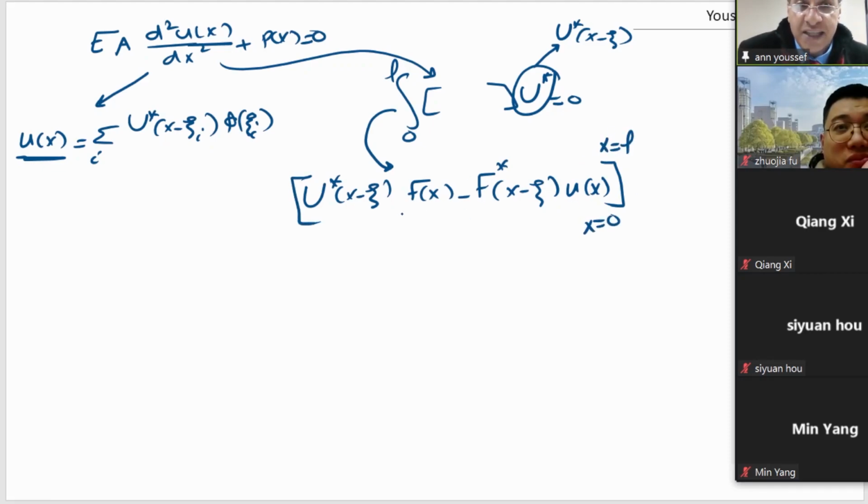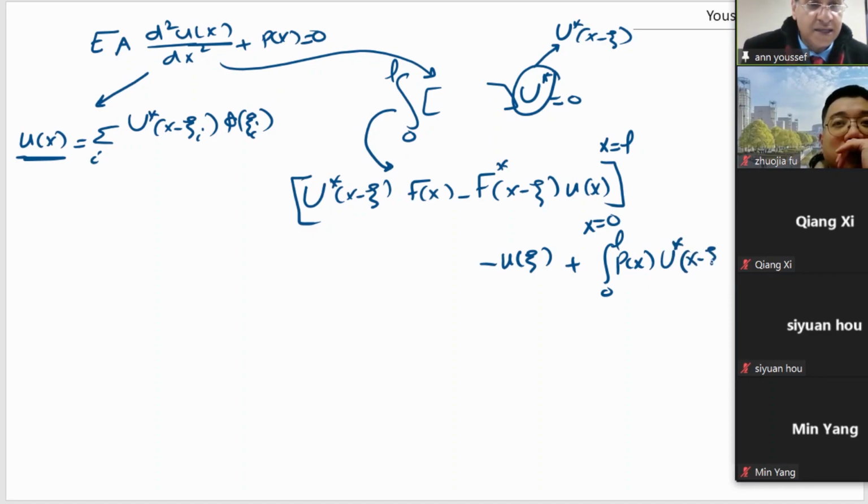Actually, this is a boundary integral. Minus u of xi plus integral from 0 to L p of x times u asterisk of x minus xi equal to 0. So this is the indirect integral equation, and we differentiate it with respect to x.